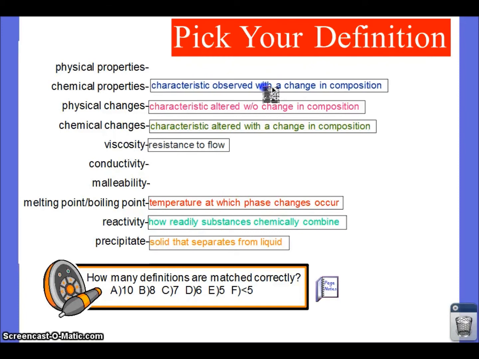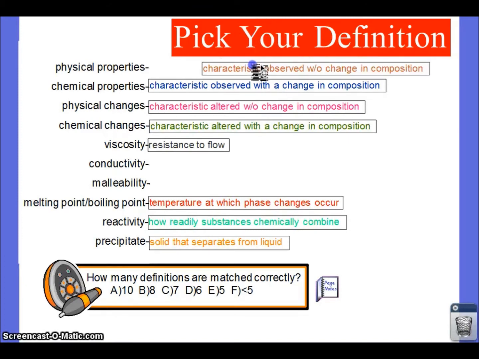It is a chemical property. Let's see if we can find more definitions. Characteristic observed without change in composition. It is a physical property. Let's see. We need two more before we check our answer.